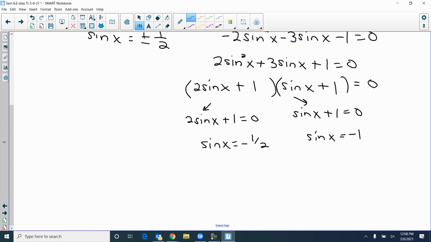Tyson, what's that end up giving us? See if we agree. I had 7 pi over 6, 11 pi over 6. Okay, agreed. And then how about sine of x equals negative 1? Would that be 3 pi over 2? Yeah. All right, good. So make sure you replace sine squared with 1 minus cosine squared. Go from there.